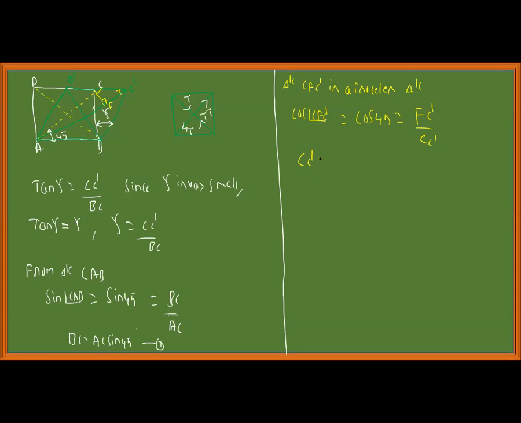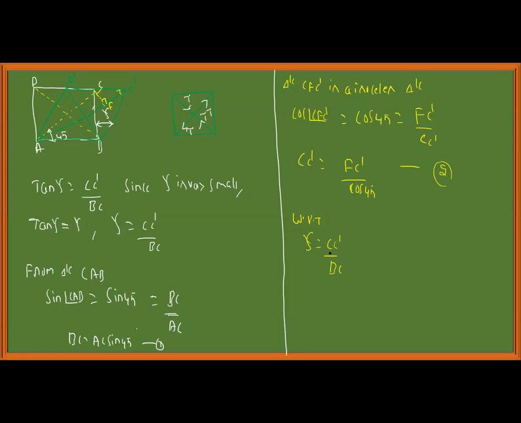Or CC dash is equal to FC dash by cos 45. I'll call this equation 2. Okay. Now we know that gamma is equal to CC dash by BC.